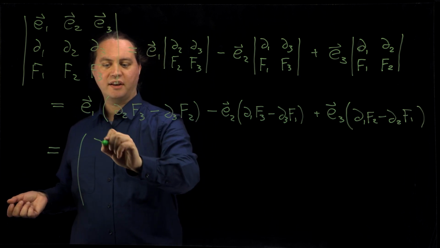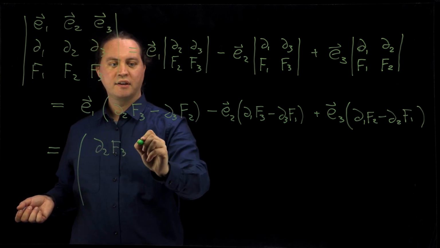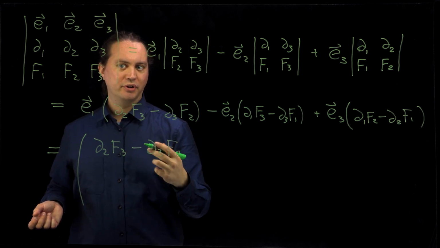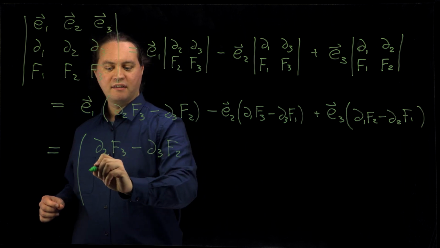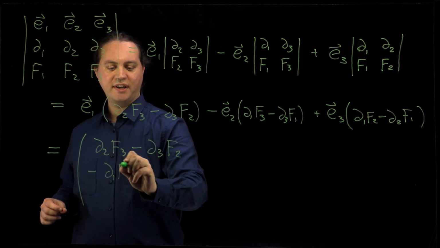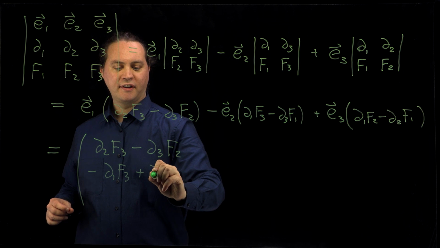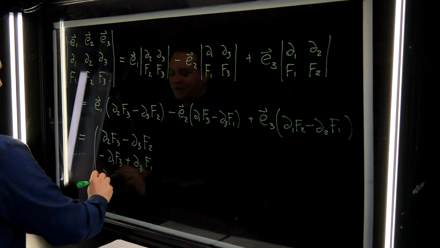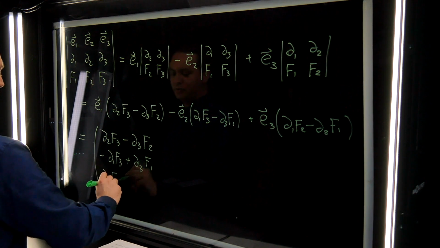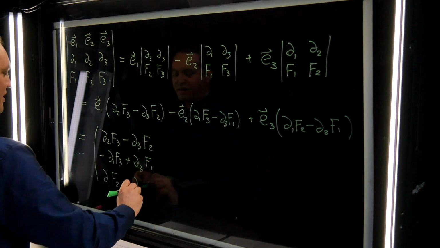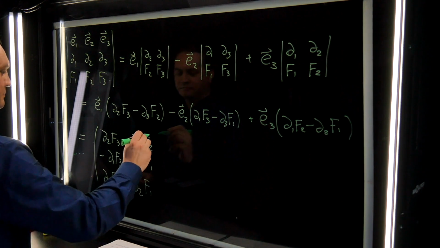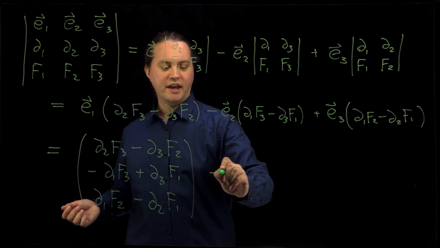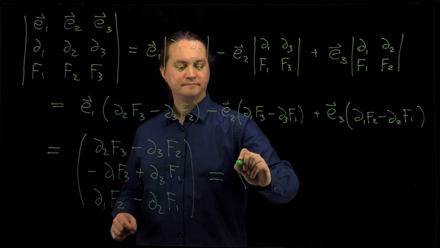And so we get del2 of F3 minus del3 of F2. It's already the first component of the curl. Looks good. We get negative del1 F3 plus del3 F1. Very good. And lastly, we get del1 of F2 minus del2 of F1. And now we recognize, yes, that's the curl of F.